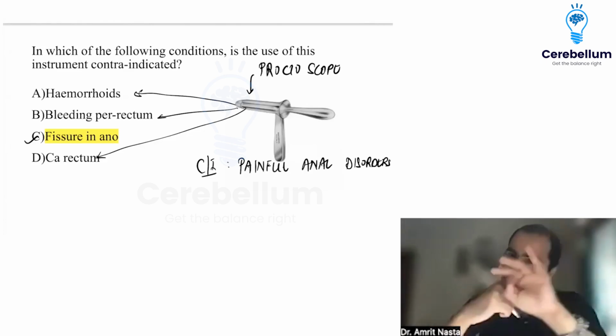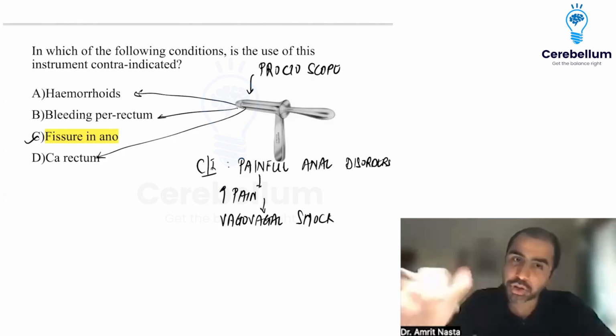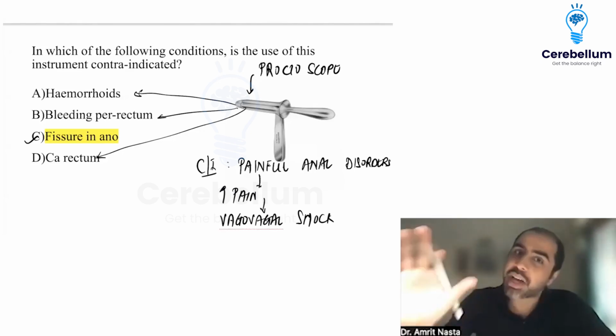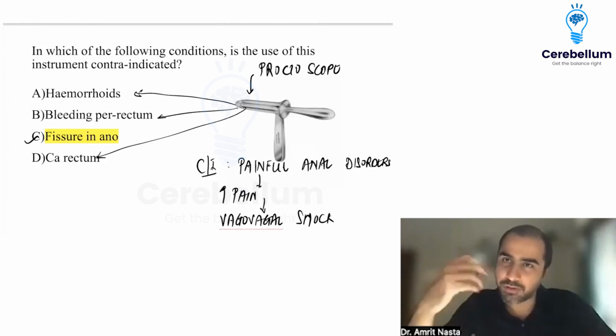If you try to push the proctoscope inside, the patient will get tremendous pain. He will have extreme pain, and the pain is so much the patient can get a vasovagal shock. So the patient will not kick, he will faint and may even die. He can die also, heart can stop. But definitely he will faint. The pain is so much because of vagal syndrome.